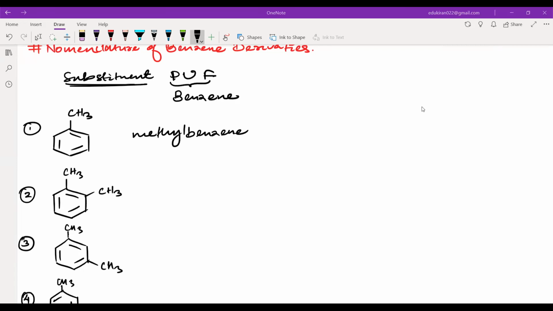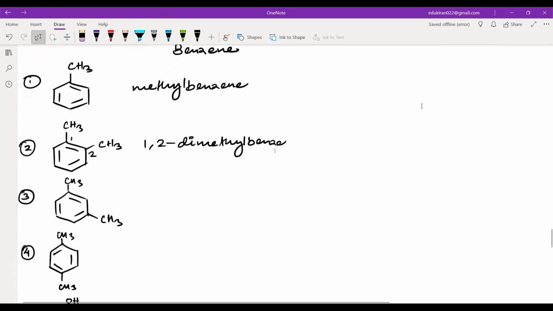What is the substituent here? Dimethyl. In dimethyl, we need to also write the numbering, because you can see that this is also dimethyl, this is also dimethyl, right? So it will be 1,2 dimethyl benzene.